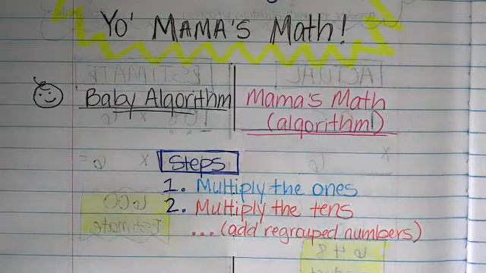And then after you do that, you're going to multiply the number at the bottom by the number in the tens place. And then if you need to, add the regrouped numbers. So I'm going to give you the problem 26 times 6, and we're going to show it in both baby algorithm and your mama's math.